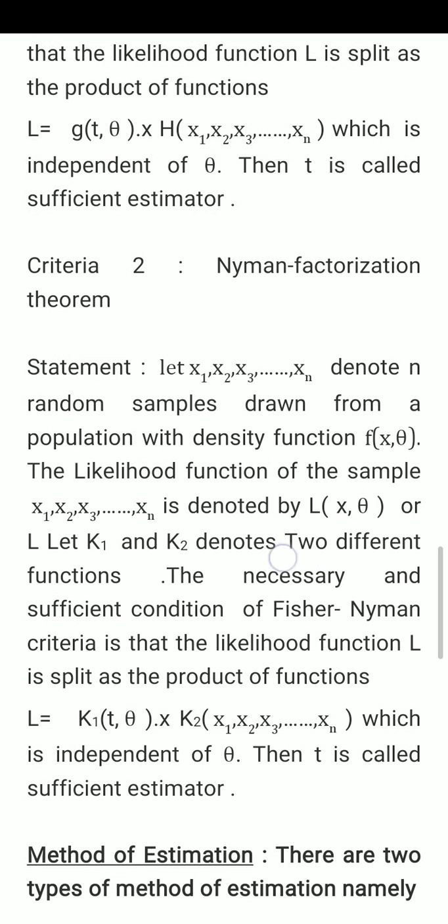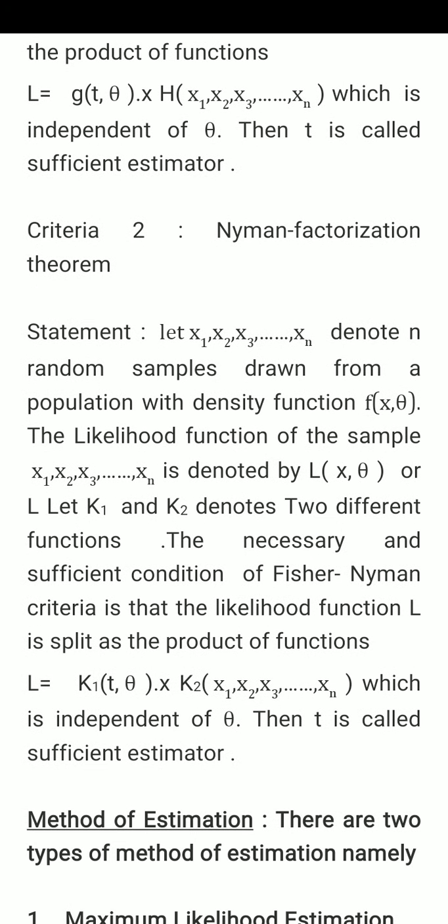Then t is called a sufficient estimator. And we have criterion 2, the Neyman factorization theorem. In a similar way, we draw the samples x1, x2, ..., xn from a population with the density function f of x comma theta. The likelihood function of the sample is L. Then let us take two functions k1 and k2.